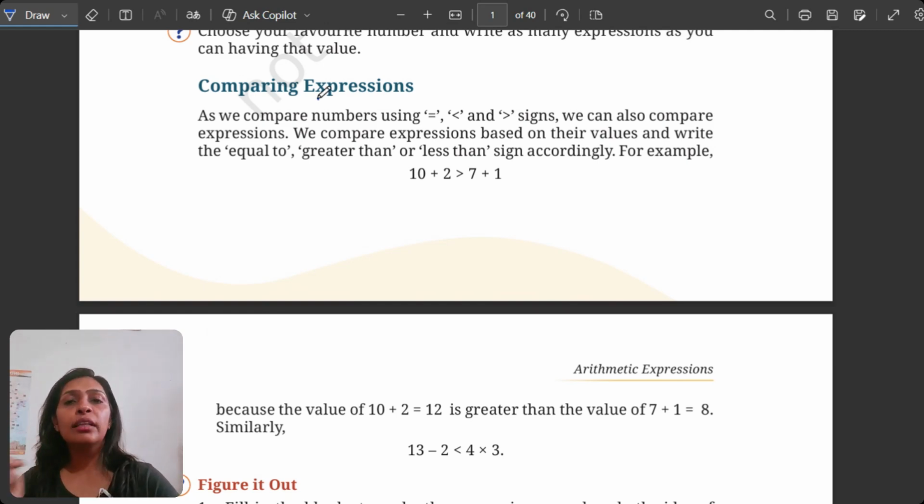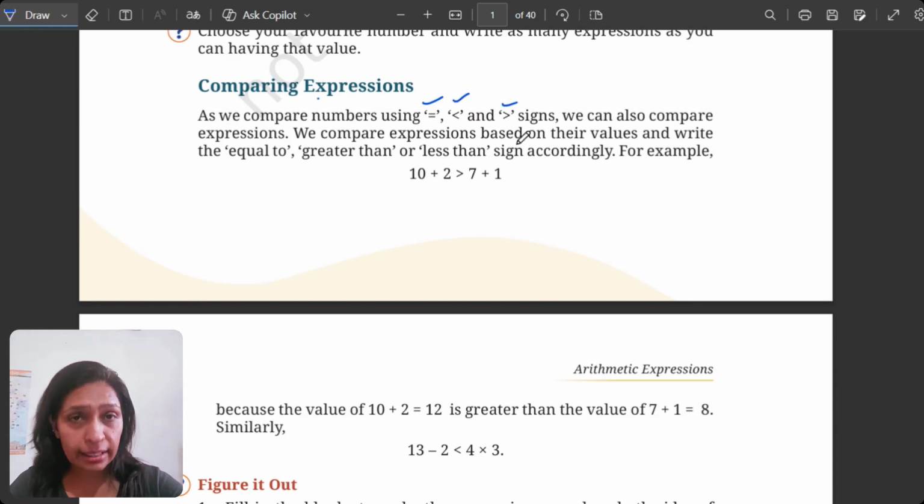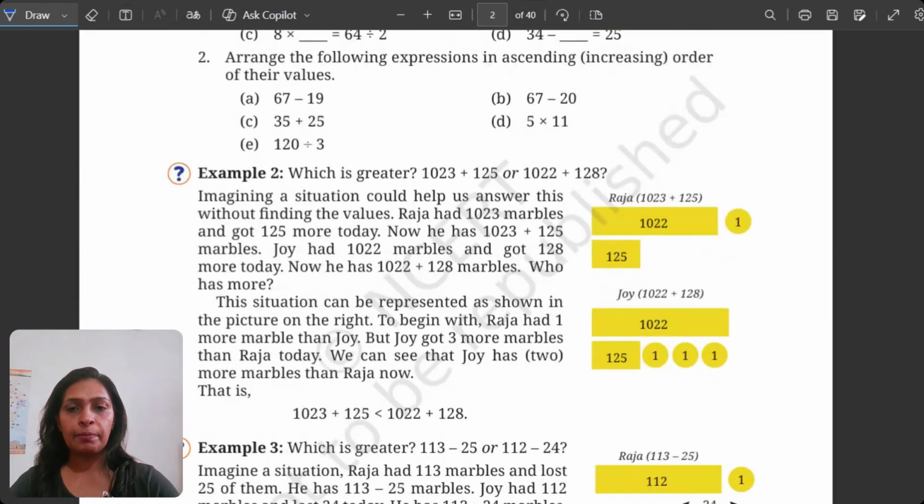So we have three comparing signs: equality, less than, and greater than. To compare, we simply find the values. Suppose we have 10 plus 2. 10 plus 2 is 12. And 7 plus 1 is 8. So 12 is greater than 8. This is how we compare two given expressions.